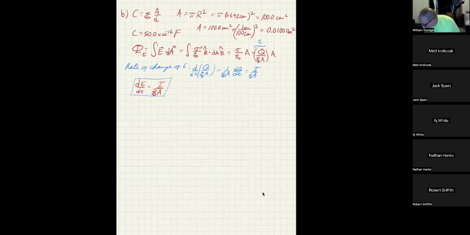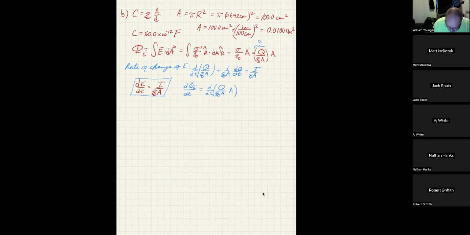And we can also write that d phi E over dt is equal to d by dt of Q over epsilon naught A times A, because that's the whole flux, right?